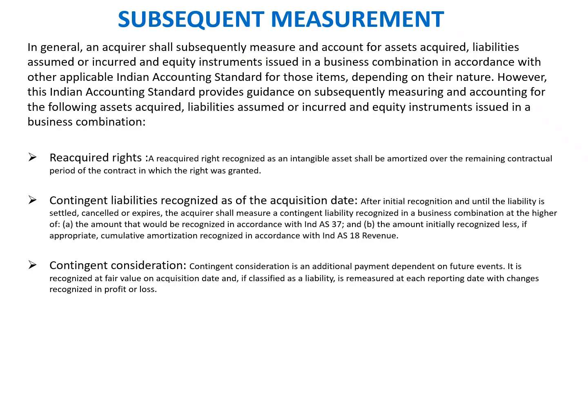While each accounting standard has its own set of subsequent measurement concepts, there are certain specific items on which Ind AS 103 has its own understanding and concept of subsequent measurement. What this standard says is that, in general, an acquirer shall subsequently measure and account for the assets and liabilities assumed or incurred and equity instruments issued in the business combination in accordance with other applicable Indian accounting standards for those items, depending on their nature.